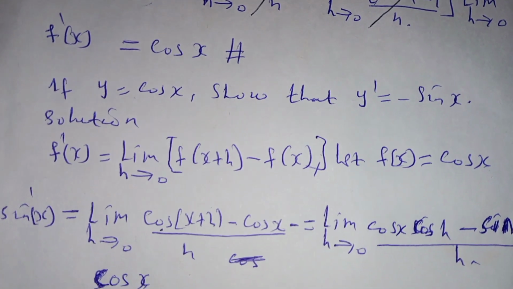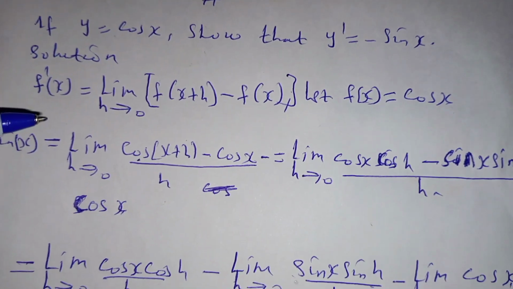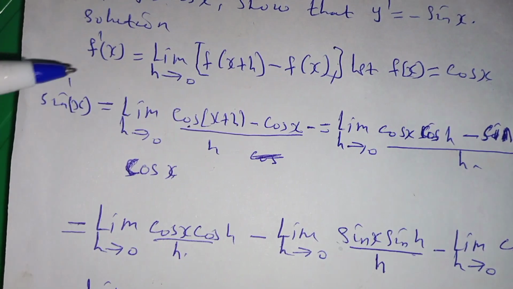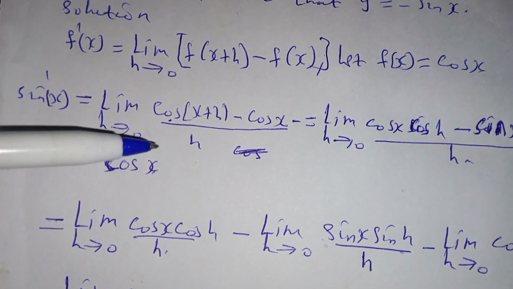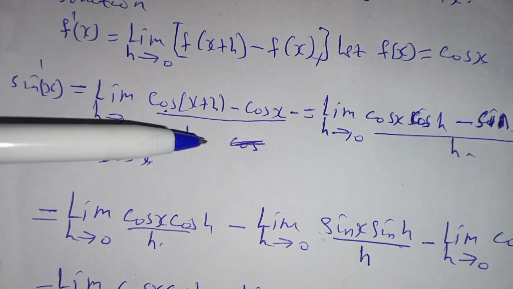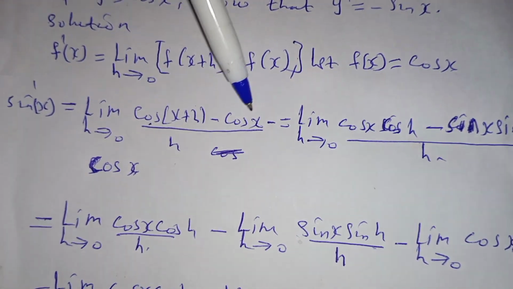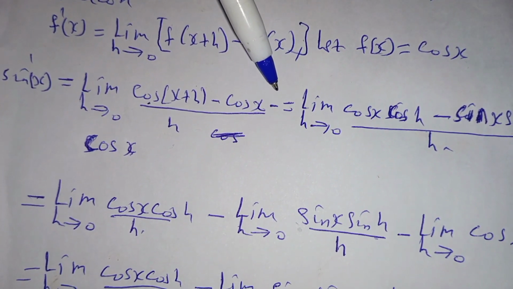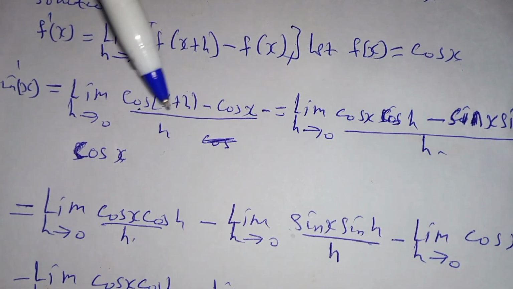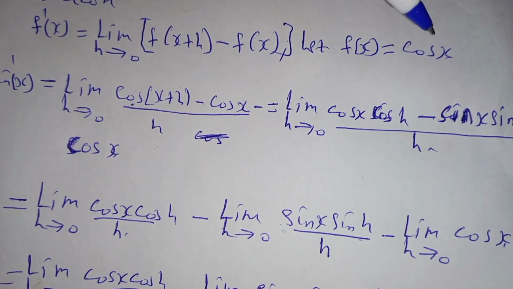We let our function f(x) be equal to cos x: limit as h tends to 0 of cos of x plus h, minus cos of x. This function of x, we have let it be cos x.